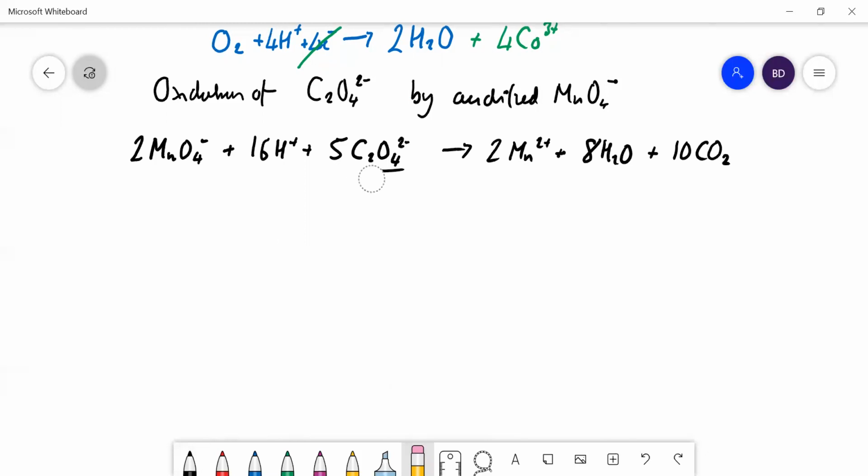Okay, now this reaction is actually catalyzed, it's autocatalytic, and that means that it is catalyzed by one of its products, and the product which catalyzes is Mn2+.